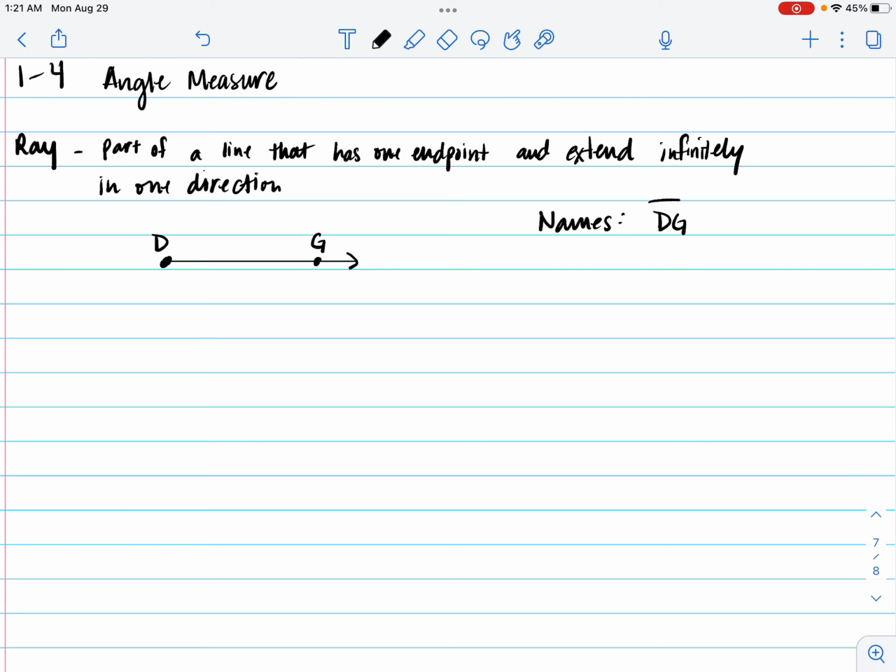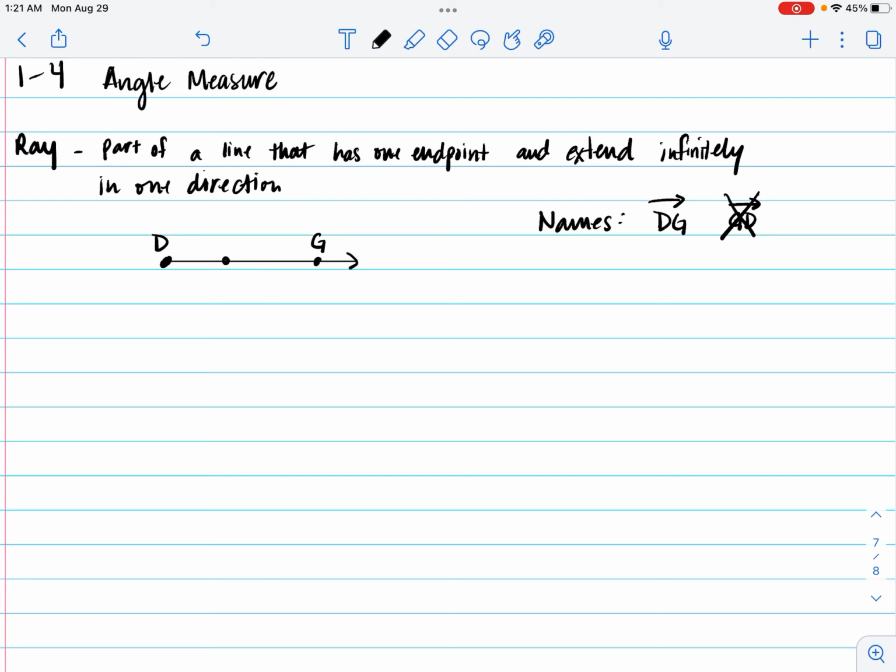The question though is, we have to draw a line above it, and since it's a ray, we only draw one arrow. And it's really important that you label it on the same side where the arrow ends, where the ray goes infinitely. So you cannot name this GD, that would be incorrect.